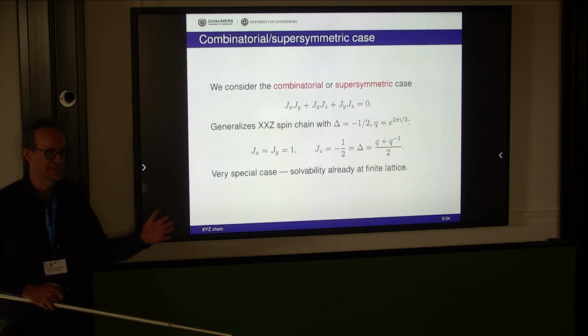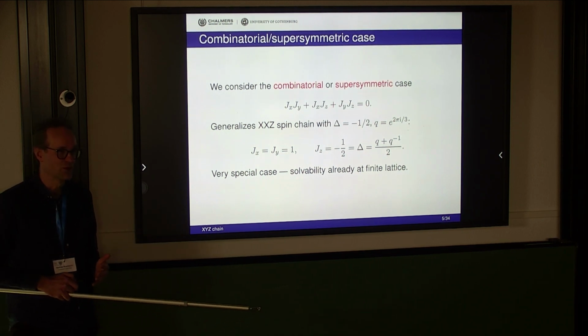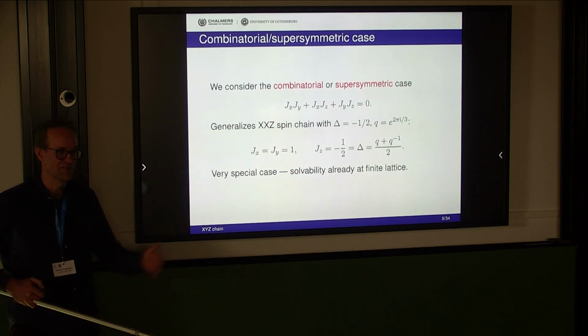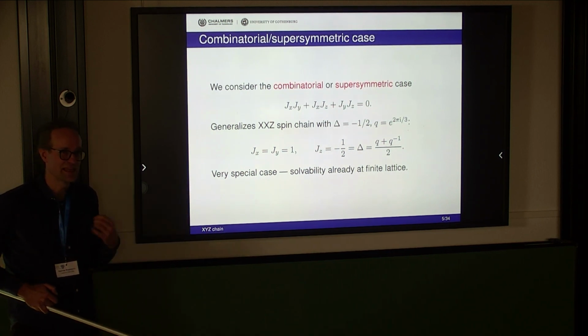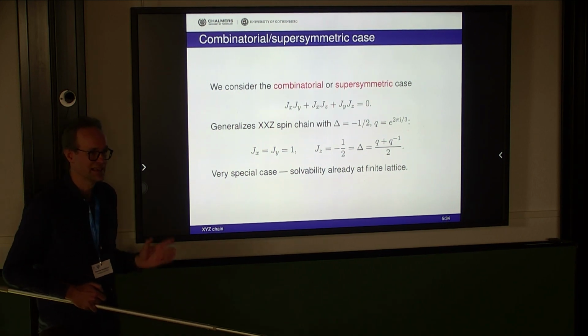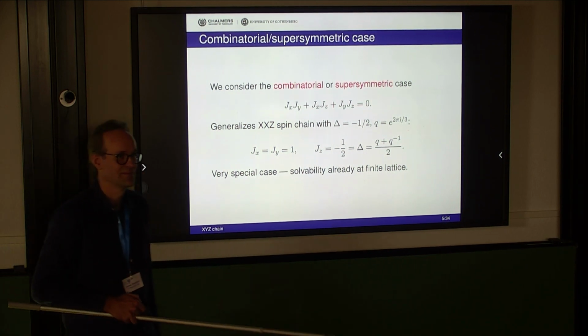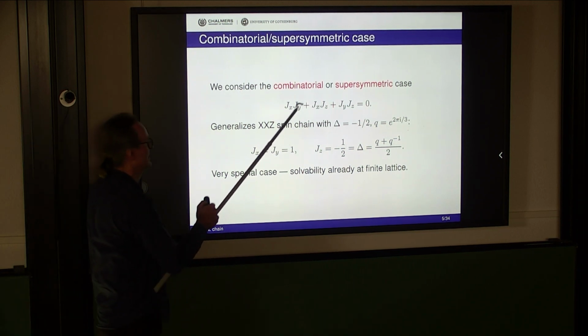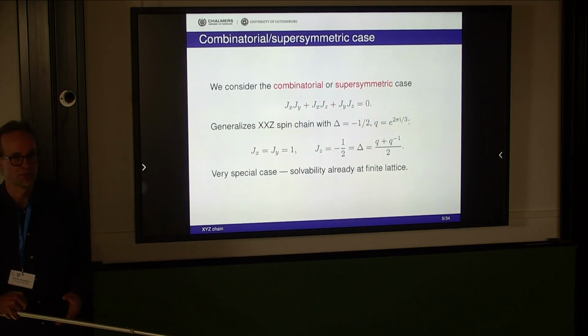Usually in statistical physics we say a system is solvable if we can compute well when the system gets very large. But it is much more unusual that you can write concrete closed formulas even for finite systems. And you basically have this just under this special condition on the parameters.